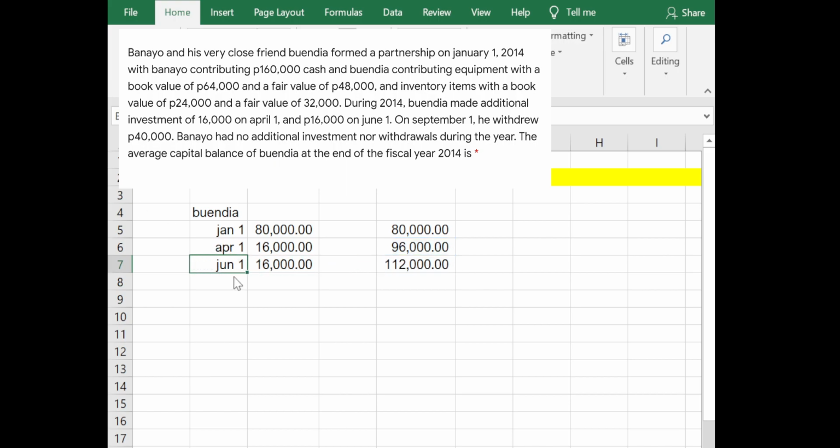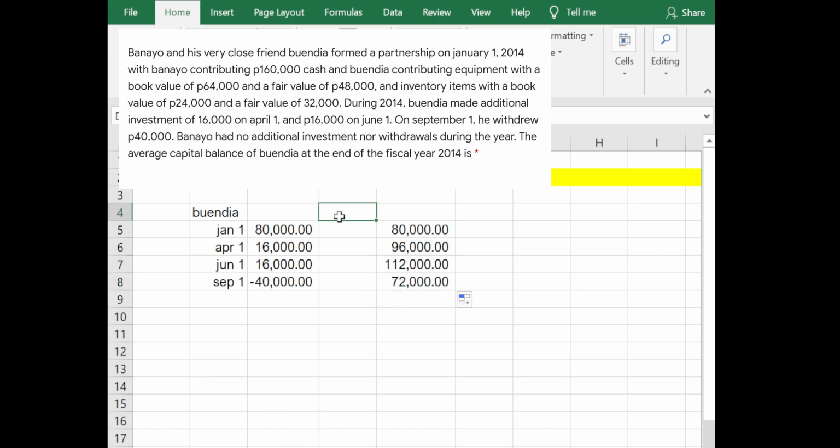And then, on September 1, he withdrew 40,000. So we deduct that 40,000. That's it. So the running balance of Buendia is 72,000.